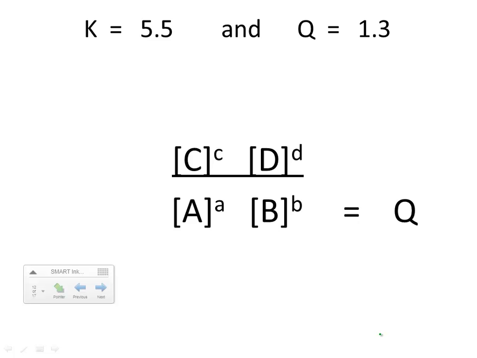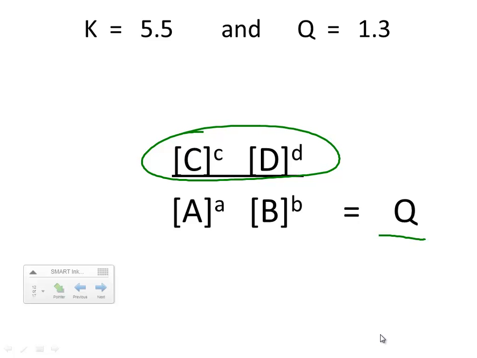The only way to get Q to increase is by increasing the top of this ratio. The only way to increase the top of that ratio is to move towards the product side of the reaction. So this reaction needs to tend towards the product side, the forward direction, in order to reach equilibrium.